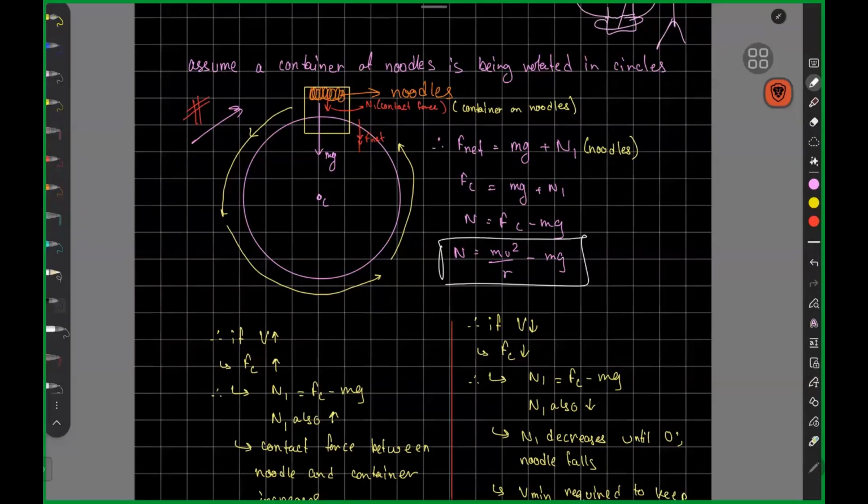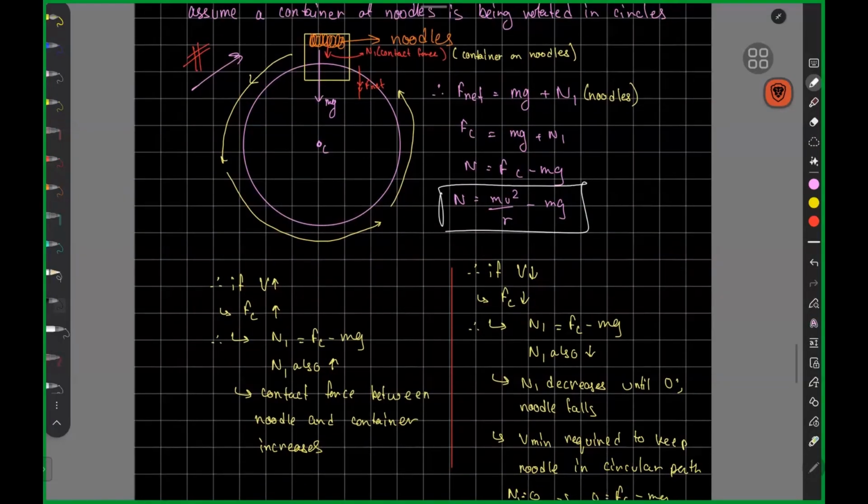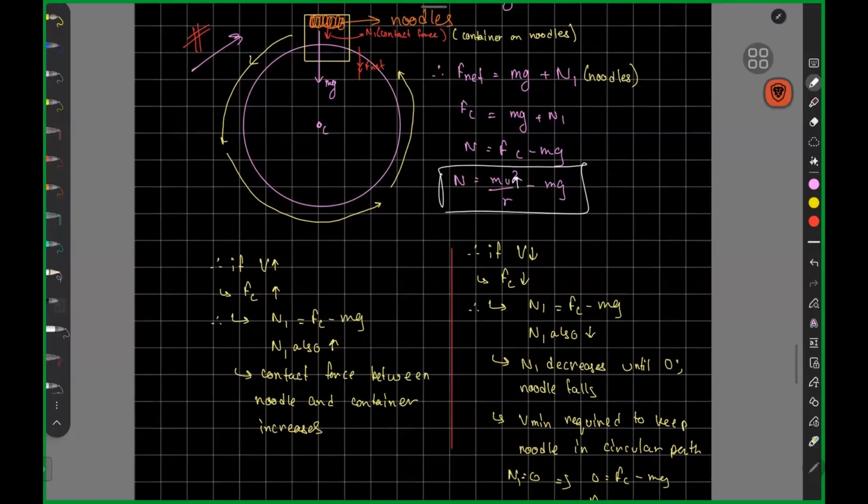Let's see why it's important. Let's do two things. One is I will increase the velocity, or I will decrease the velocity. If I increase the velocity, my centripetal force increases.